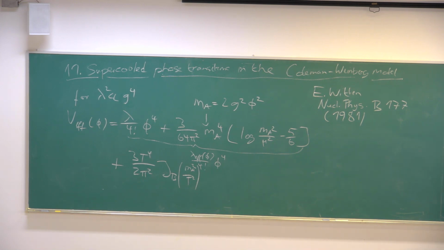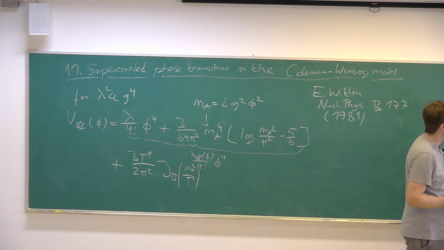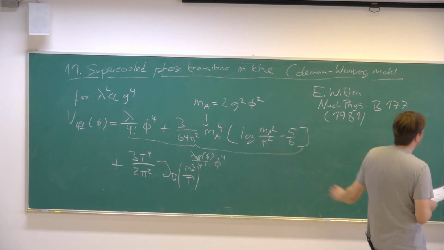And then finally, this term of order m_A to the fourth power over T to the fourth power, where a_b is a constant that I had on the blackboard before, it doesn't matter so much now. Again, there are higher order terms, but this is where we stop our expansion. So now we can take this and plug this in here.